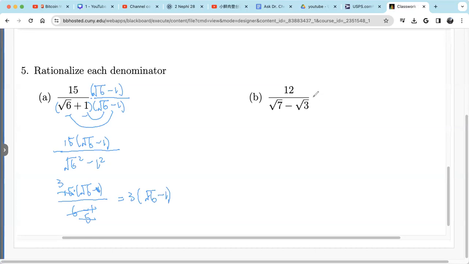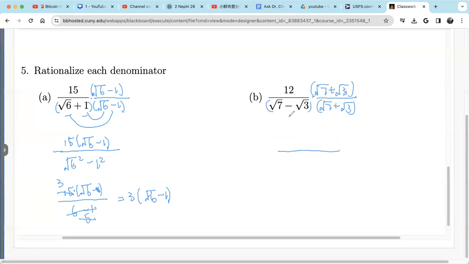So let's see B. For B, we want to multiply by square root of 7 plus square root of 3, using the difference of two squares. And of course, we do the same in the numerator. Basically, we multiply by 1, but this one is square root 7 plus square root 3 divided by itself.